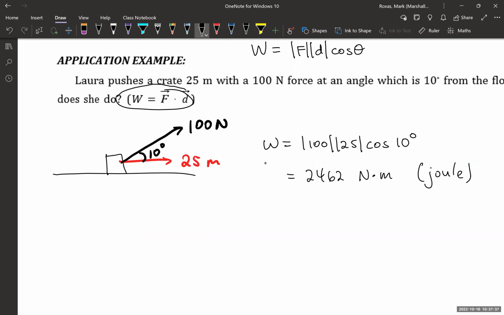Okay, and all that says is, if I pull this crate with a force of 100 newtons using the rope, you can imagine, here's a person pulling the crate with a rope, and that creates a tension force, and that rope is at 10 degrees to the direction of its displacement. So there it is, right? So that is the work done to move that crate 25 meters with that force.